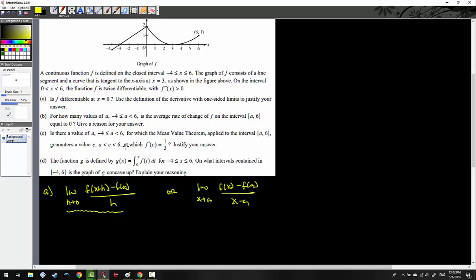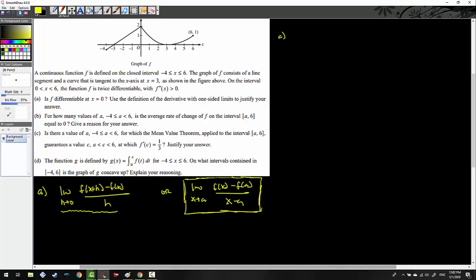Now, because they're asking me for differentiability at x equals 0, I feel more inclined to use this version because it points more towards a point. So we're going to use the limit definition of the derivative with a one-sided limit to justify the answer. So I'll go ahead and move a up here. I apologize for putting a all over the place.